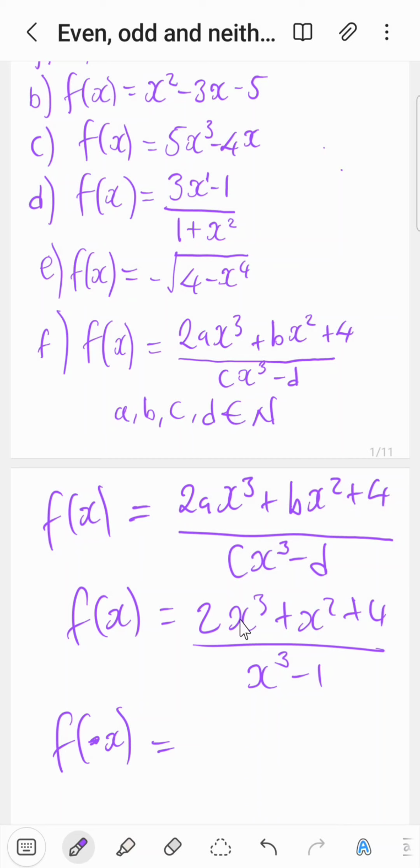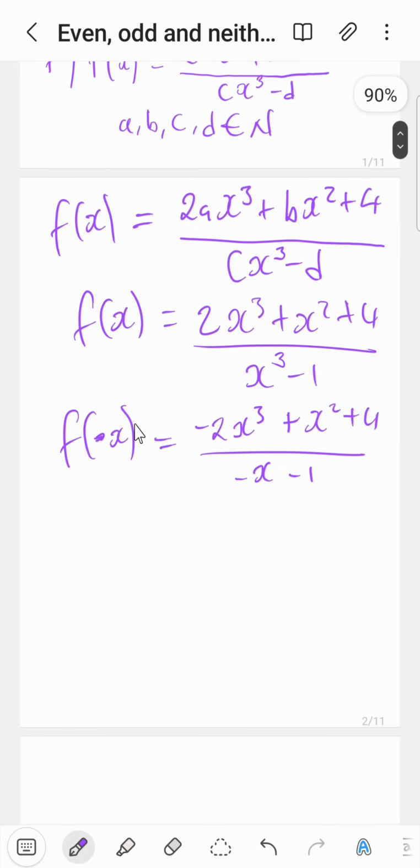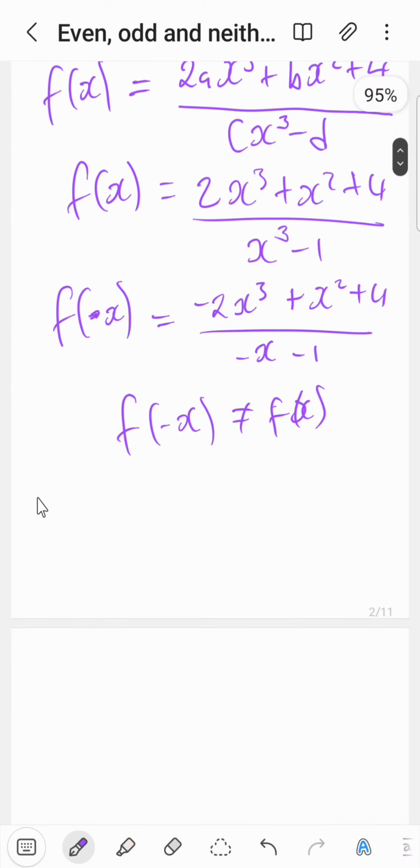Okay, so negative x, when you place it there, you're going to have negative 2x to the power 3. When you place negative x there, you're going to have a positive x squared plus 4 over negative x to the power 3 minus 1. So you've seen that our f of negative x is not equal to f of x, therefore this function is not even. We move on to finding our negative f of x.